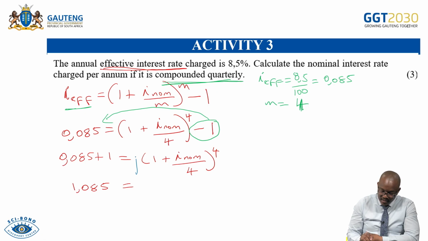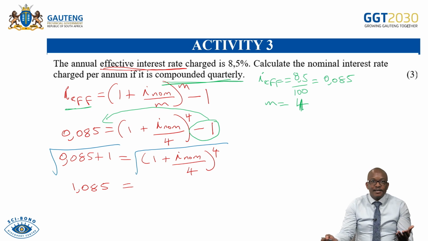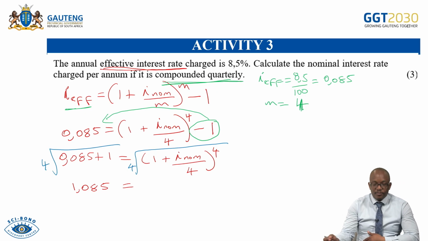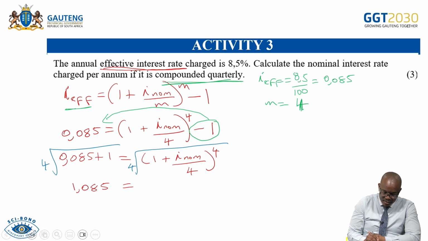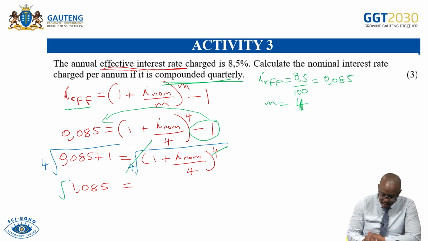With our root sign, remember the power that we need to remove there is the power of 4. So it means it will be the 4th root, and also this side it will be the 4th root, because our aim now is to remove this power of 4, or the exponent of 4 there. So that's how it will be removed. So also here we are going to have the power of 4.